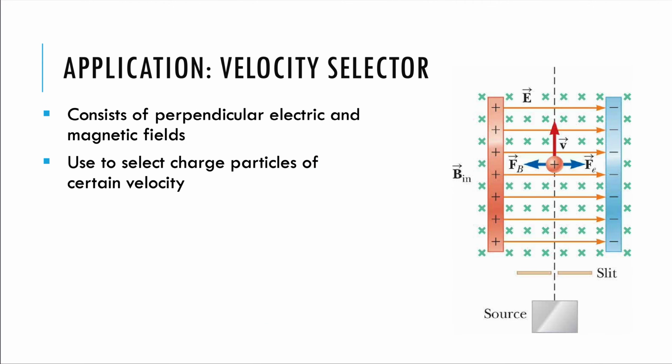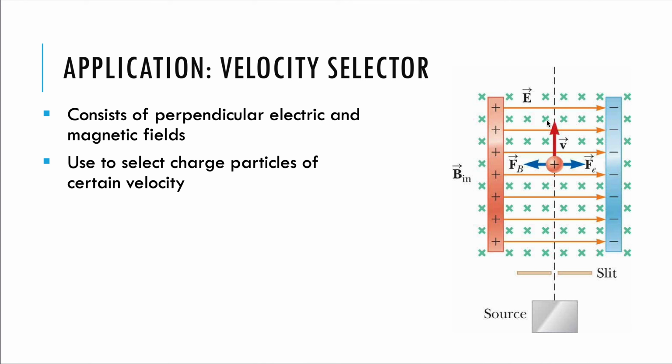Let's look at one more application, which is called the velocity selector. So this is a contraption that consists of perpendicular electric and magnetic fields. So in this case, if we have two charged plates producing an electric field to the right, and there's an external magnetic field going into the page.